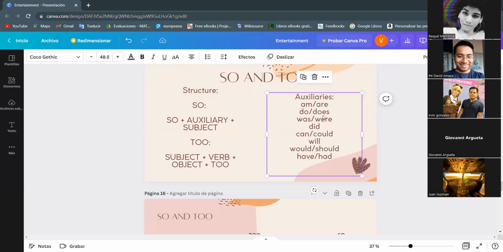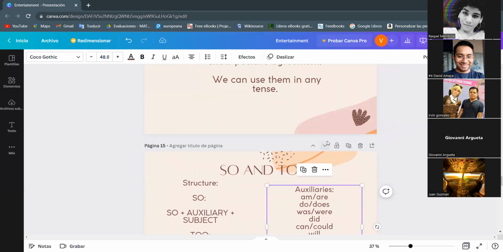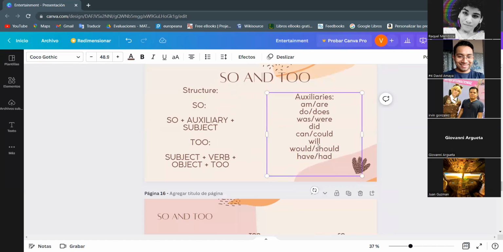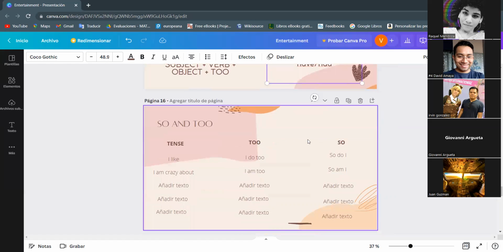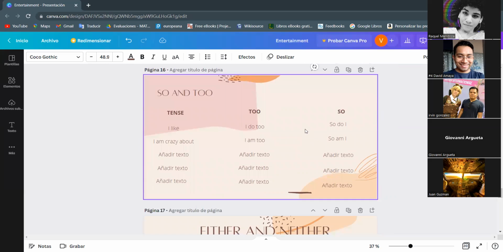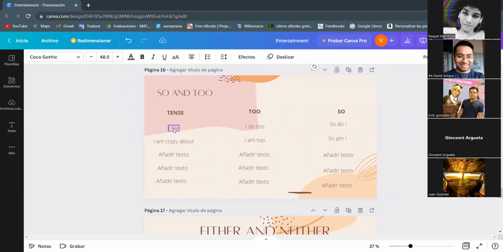And here are the auxiliaries we were talking about before. Those are the ones that should be modified depending on the context or the subject. So we can see it here. For example, okay, so and too. Let's see, Raquel, is there any sport that you like?